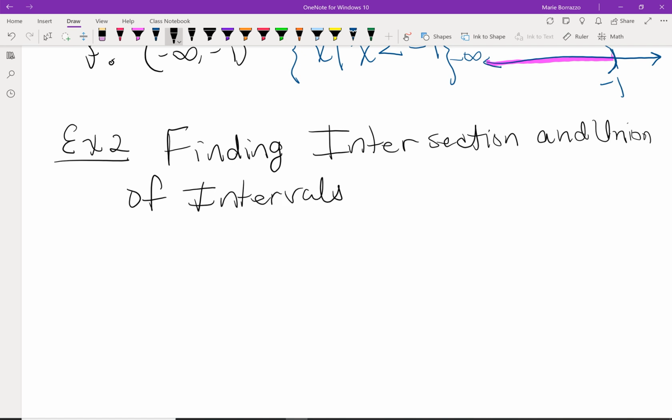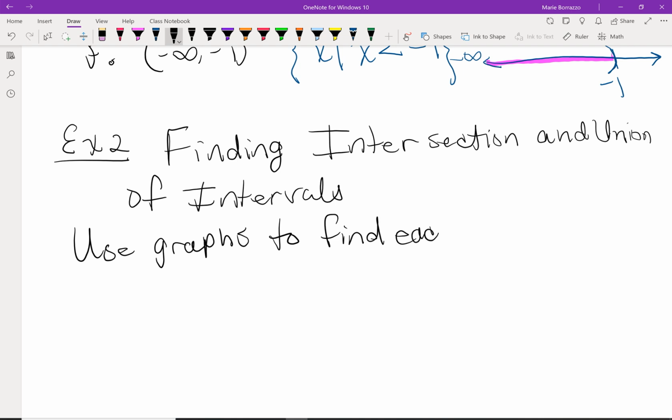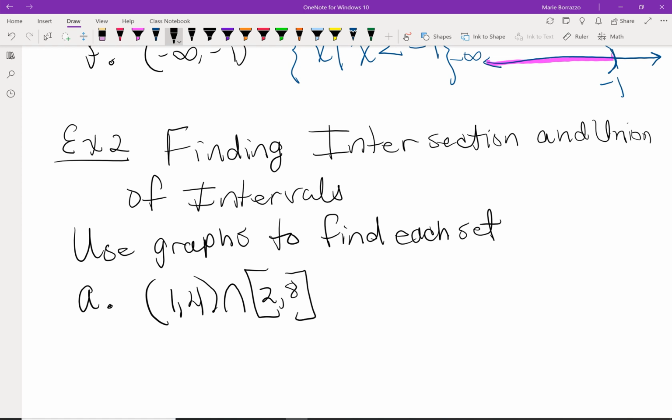So we want to use graphs to find each set. Okay, we're going to start with example A, where they give us 1, 4 intersect 2 inclusive, 8 inclusive. So let's begin with that one.